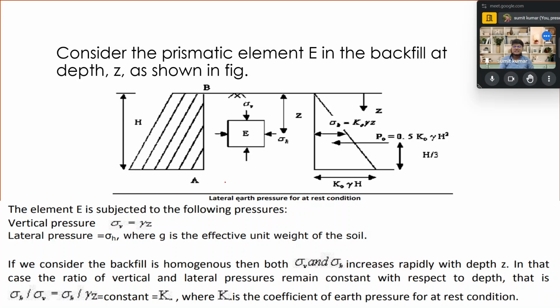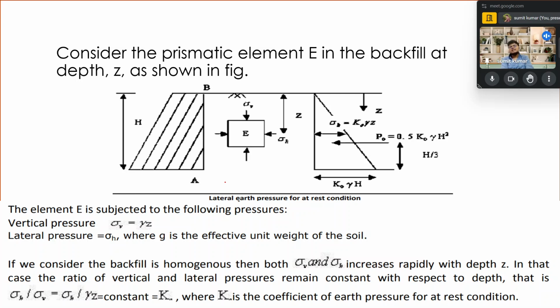You will understand why, because in the active condition the wall is moving away from the backfill, so the resultant pressure at the bottom section is also reduced. There the value of k is 1 by 3, but that is not the case with passive pressure, because there the condition is vice versa.